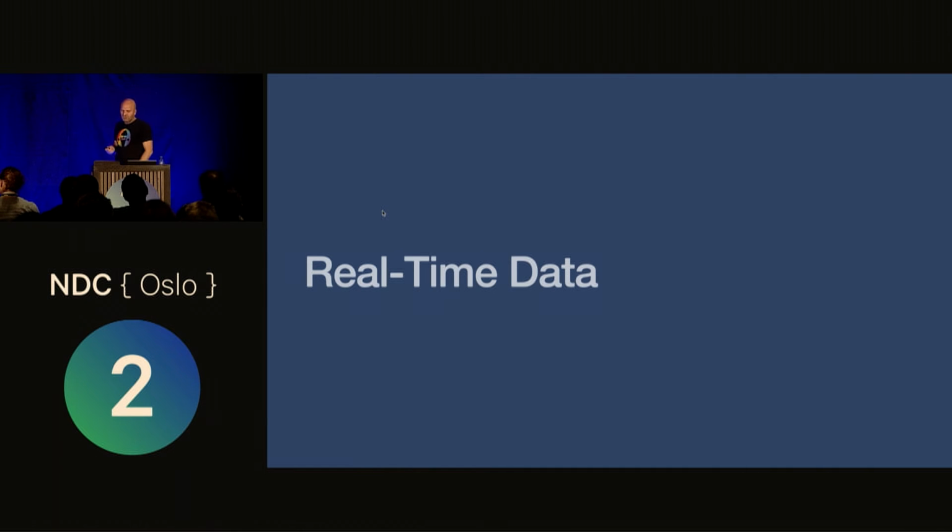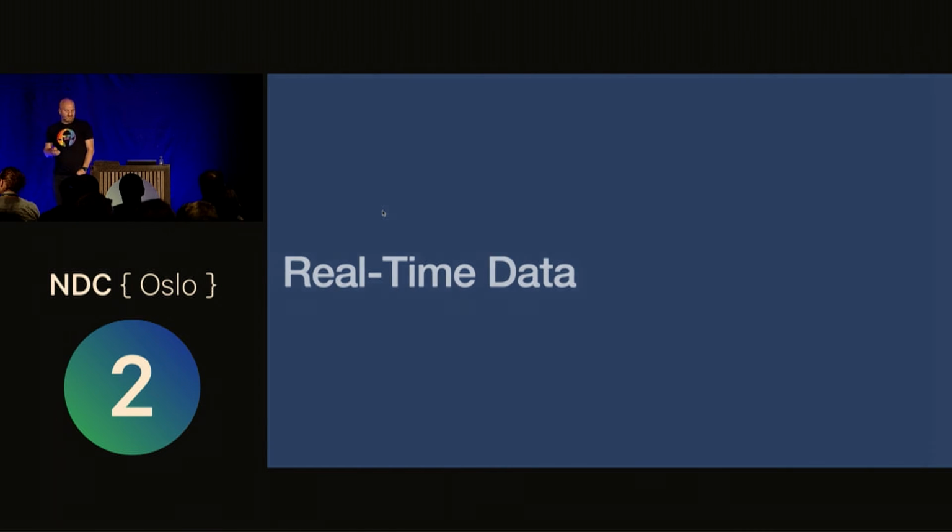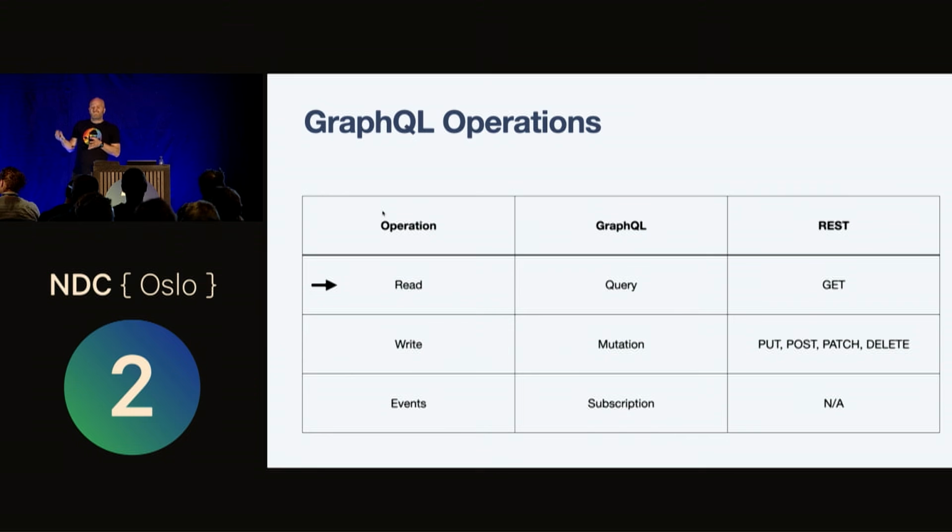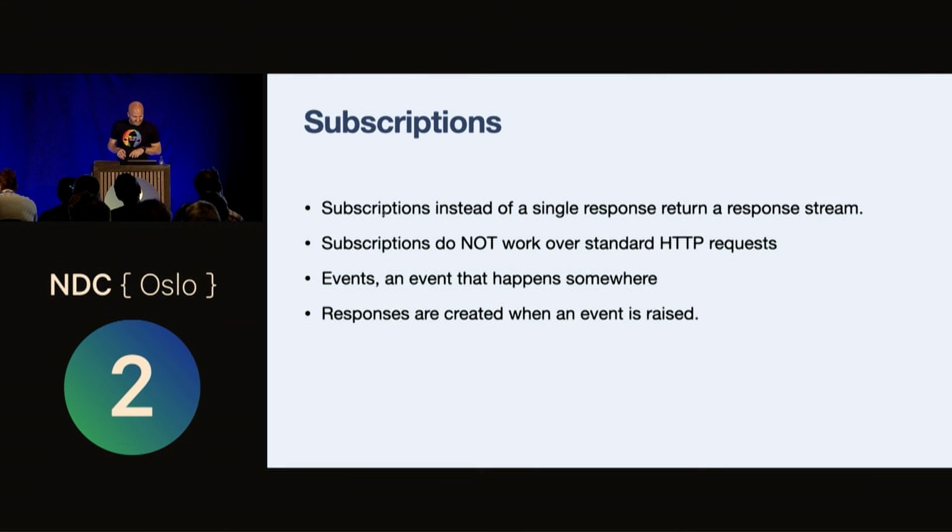Okay, so that's something that we talked about so far, fetching data with queries. Now we are going to subscriptions, and this is something that was very difficult with Azure Functions. And why this is so difficult, I explain to you in a second.